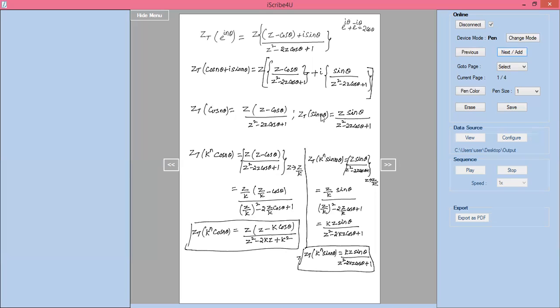Next problem we will do in this one only. Z transform of cos h n theta. Next one we can take.